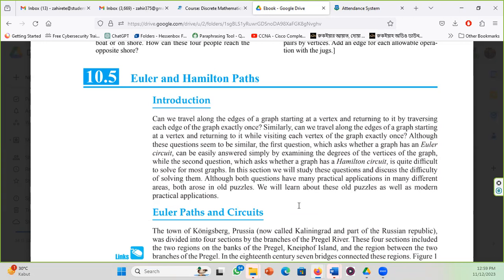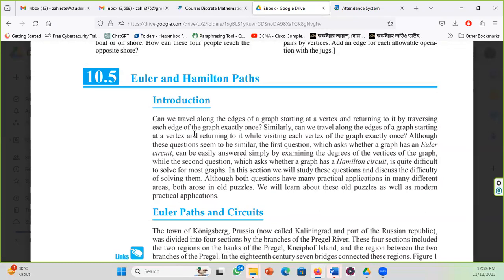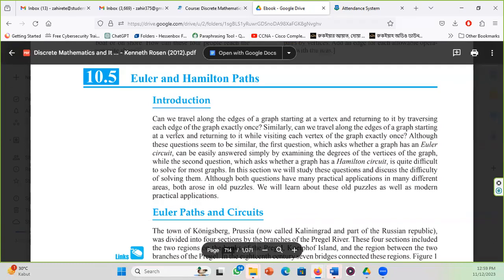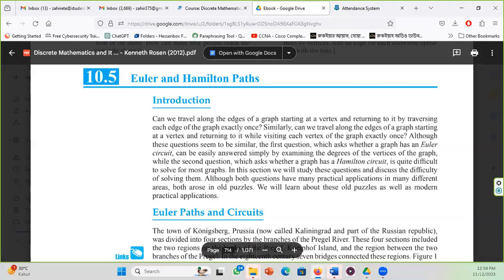That is called a path. So I understand this question: can we travel along the edge of a graph starting at a vertex and returning to it, traversing each edge of the graph exactly once? For example, consider one node, another node.